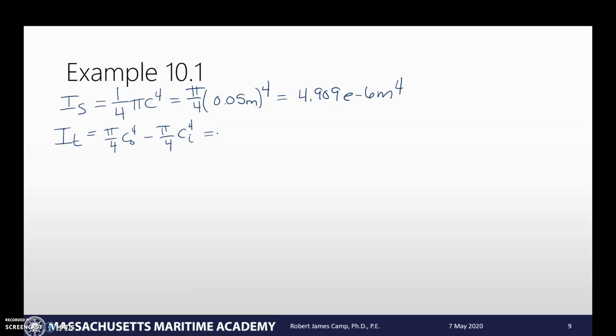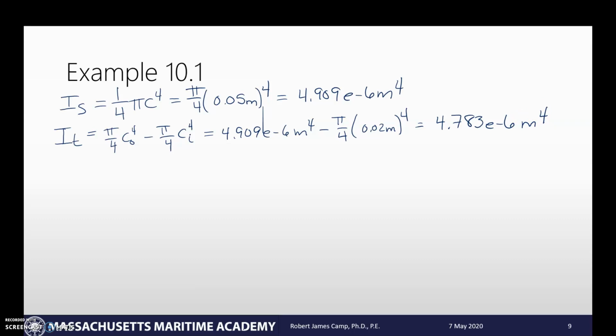Now, I already know what pi over 4 c to the 4th of the outside is. That's 4.909 times 10 to the negative 6 meters to the 4th. So now I'll subtract from that pi over 4. Our inside radius is 20 millimeters, so 0.02 meters. Raise that to the 4th. And so I'll get a moment of inertia of my tube of 4.783 times 10 to the negative 6 meters to the 4th.